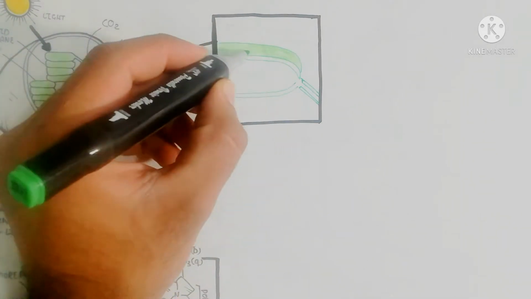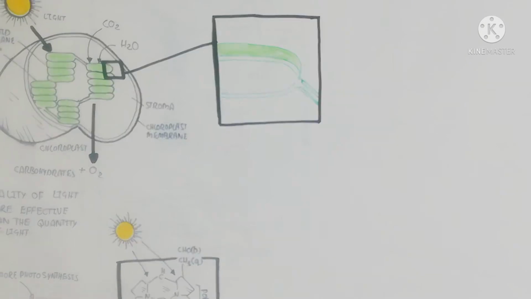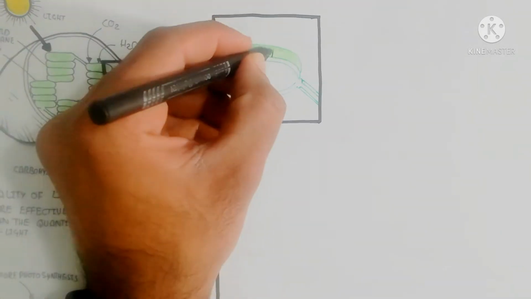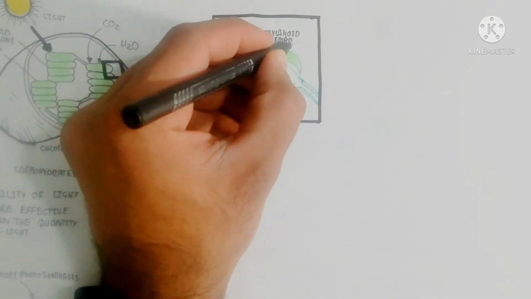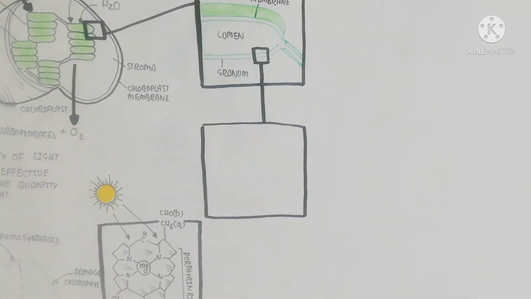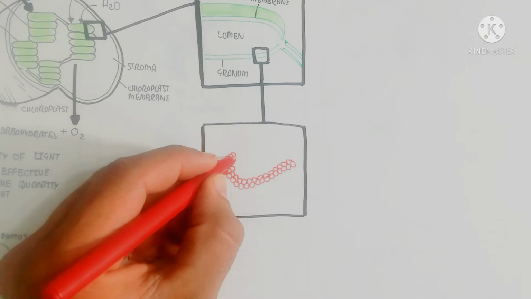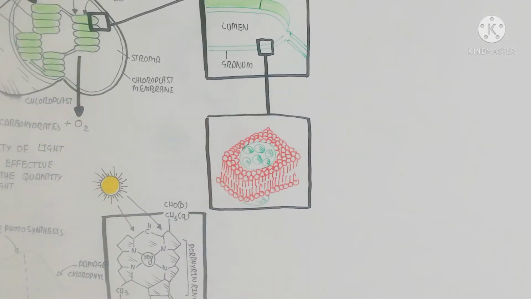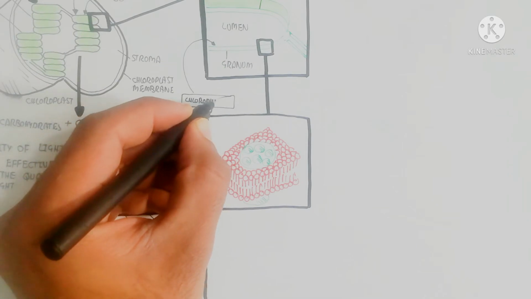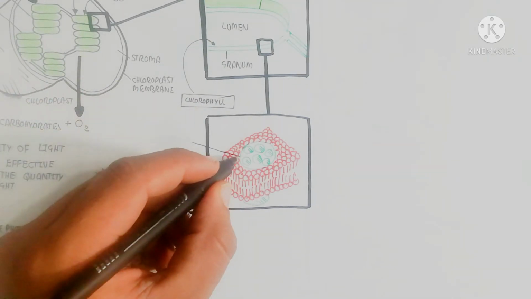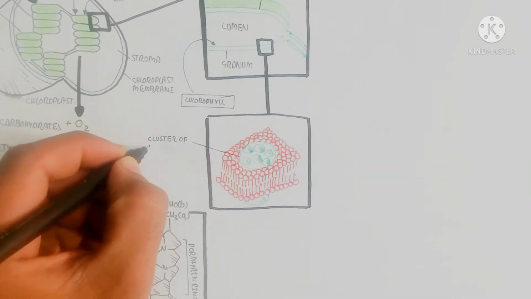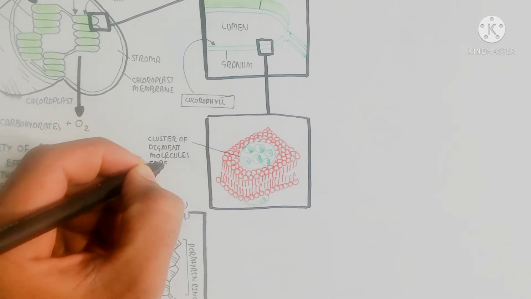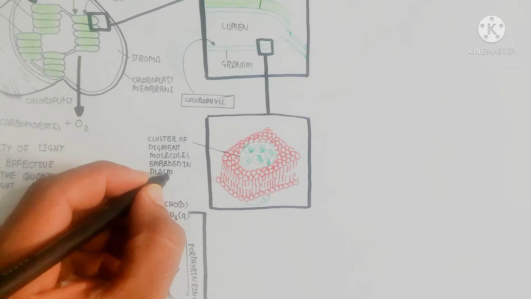The stroma is the upper part and the lumen is inside, and the granum, you can see, is the thylakoid membrane containing chlorophyll. The chlorophyll absorbs light as a cluster of pigment molecules embedded in the membrane, which looks like this in the diagram.